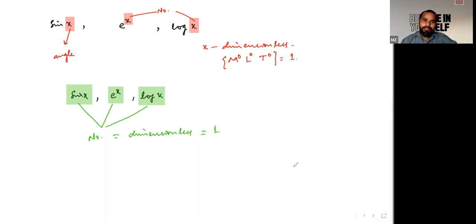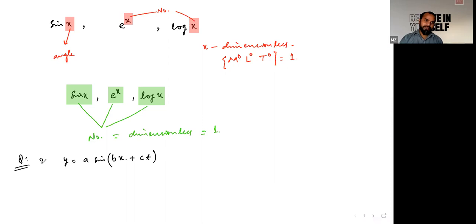I'm giving you one example related to this whole concept. Suppose y is equal to A times sine of (Bx plus Ct).